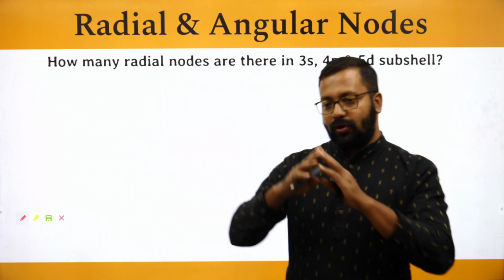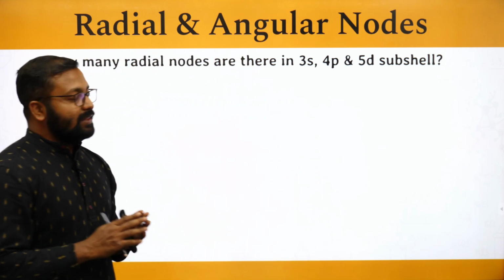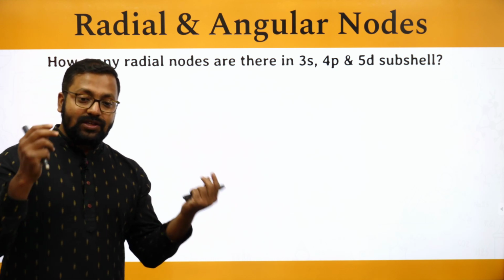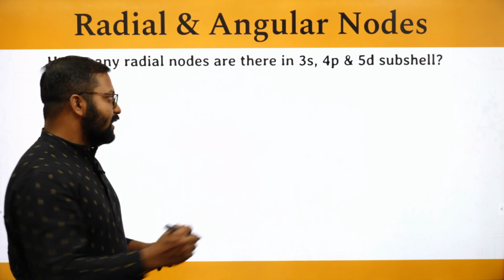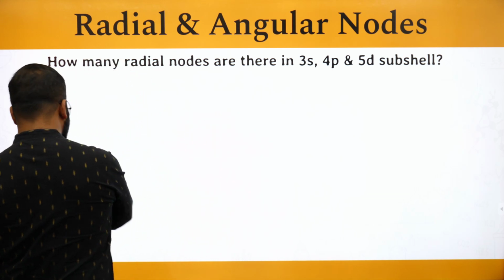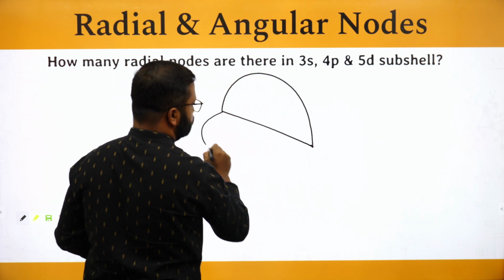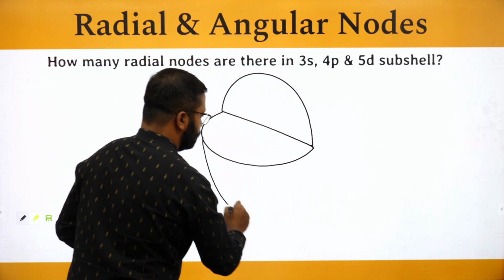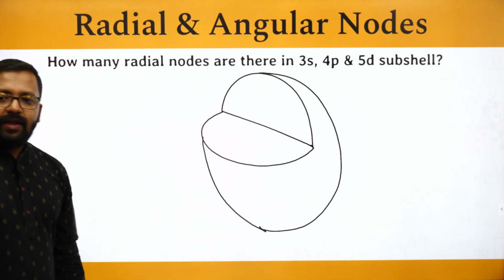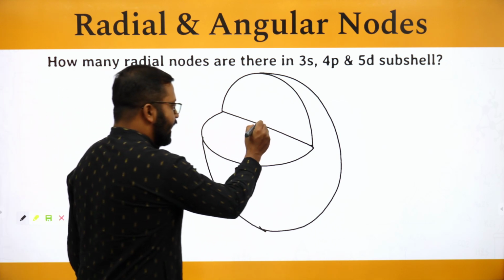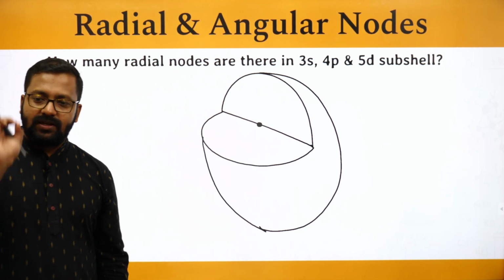All s orbitals look like spheres. If all s orbitals look like spheres, then I will assume that s orbitals are present inside concentric spheres. For example, there is a very big sphere which has a nucleus at the center.